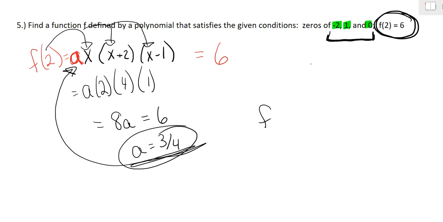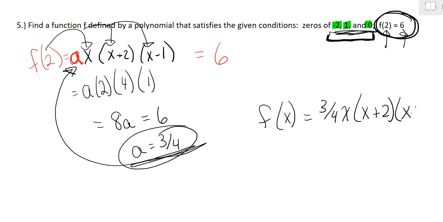So now I can take this 3/4 and put it into that function. So the function that has these 3 zeros but an input of 2 and output of 6 would be f of x equals 3/4 times x times quantity x plus 2 times quantity x minus 1.